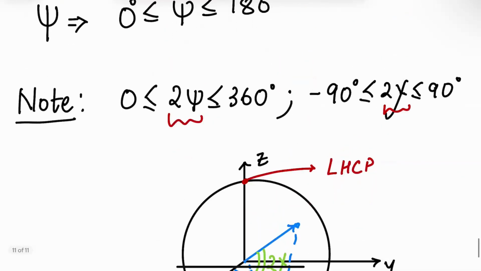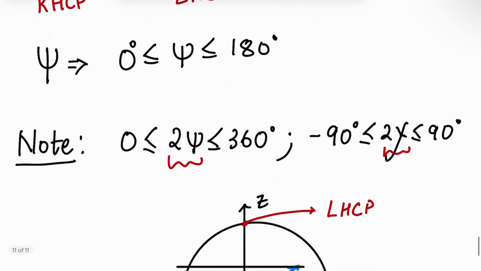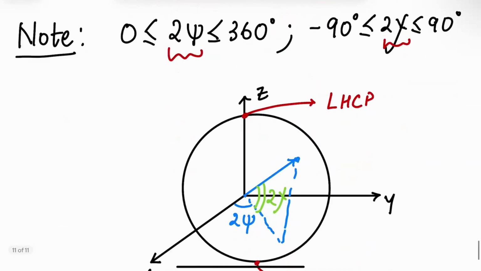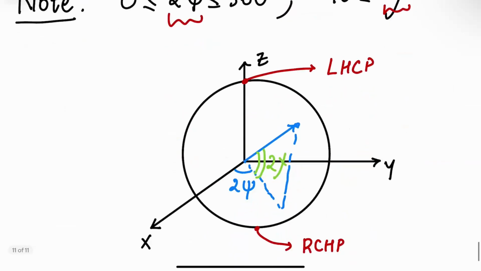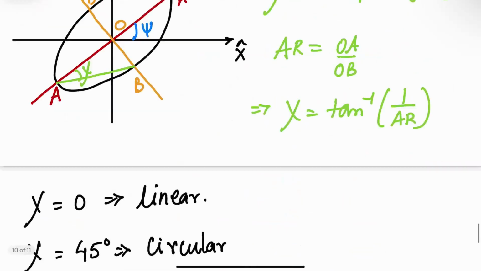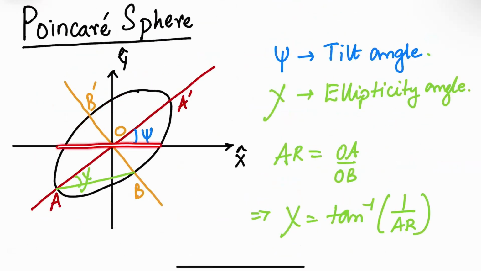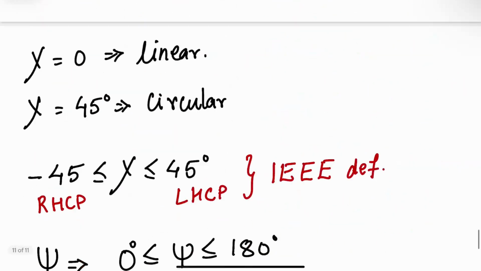And when chi is equal to 0, and phi, or psi, sorry, I keep getting confused by the names of these Greek letters, but this is psi. Okay, so when psi is equal to 0, you're at this point, and if you go back here, when psi is 0, polarization is along the x-axis.